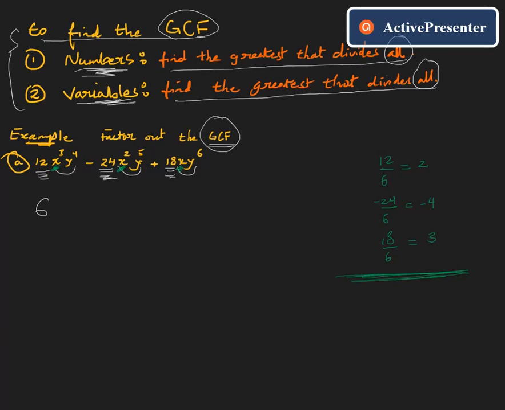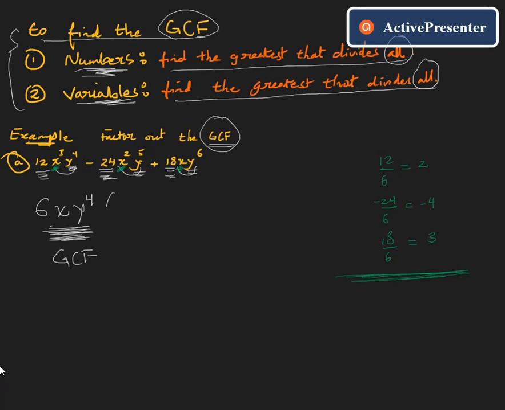So the greatest that divides them all is x. What about y to the power 4, y to the power 5, y to the power 6? The greatest that divides them all is y to the power 4. Here now we factored the greatest common factor. This is the greatest common factor, okay?